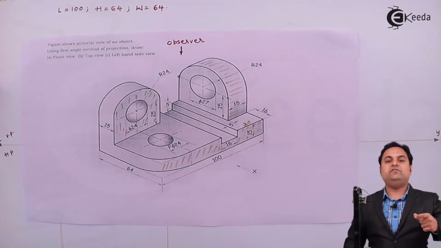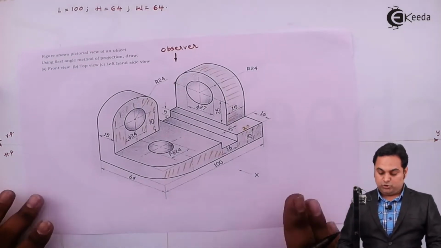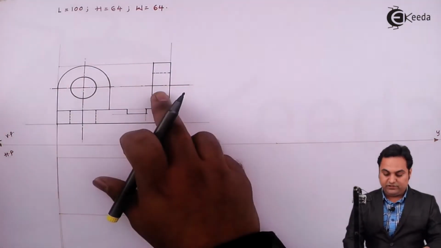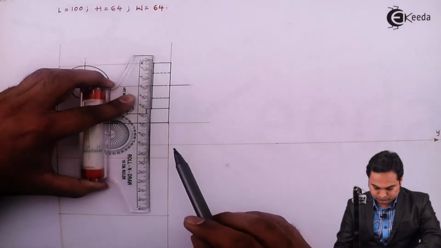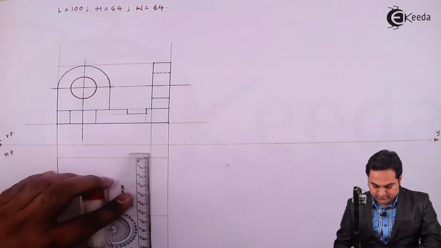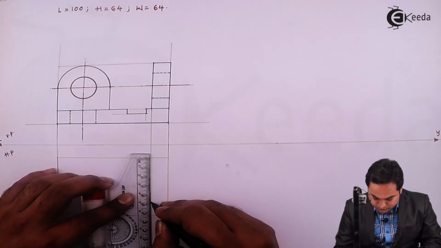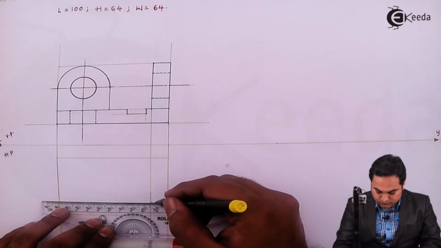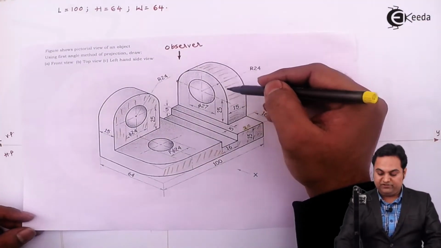So length 15 and diameter 48 will be visible from top. So I'm projecting that. Length we already have in the front view for this semicircular part, and width is 48. So this is the semicircular part which is visible from the top first.